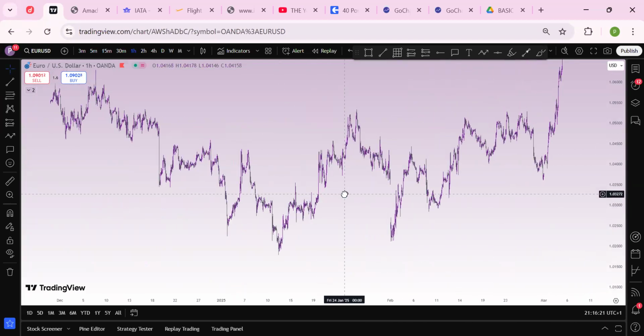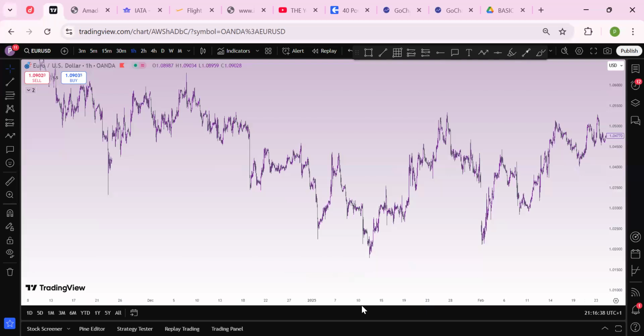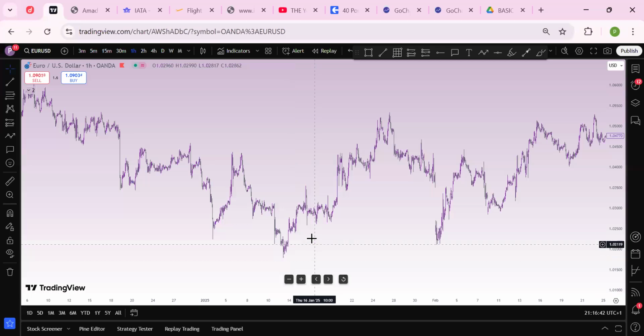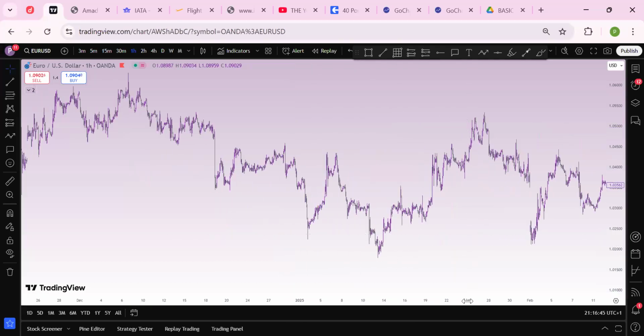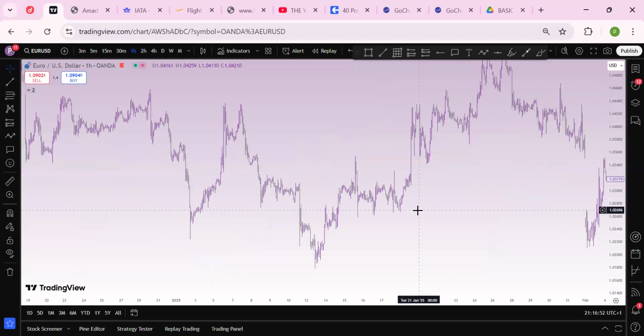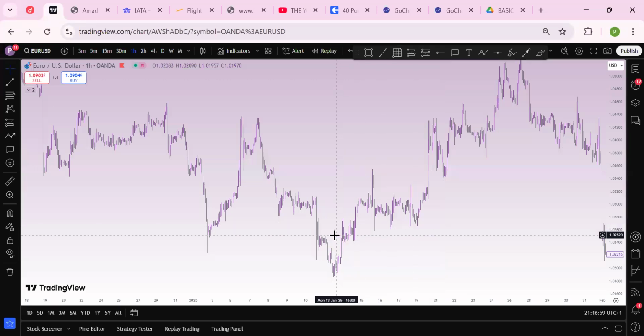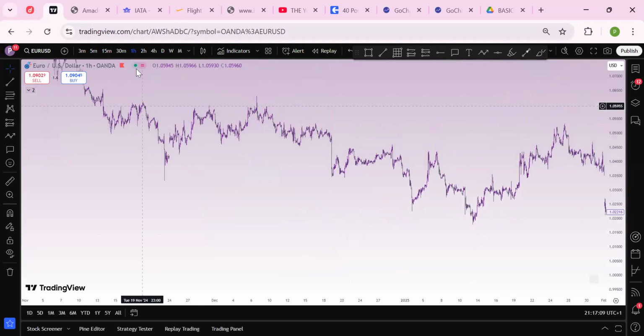It was at this breakout and retest area. Let me mark the breakout and retest.